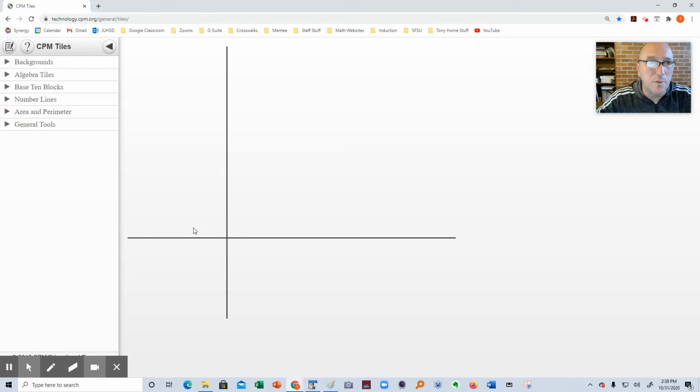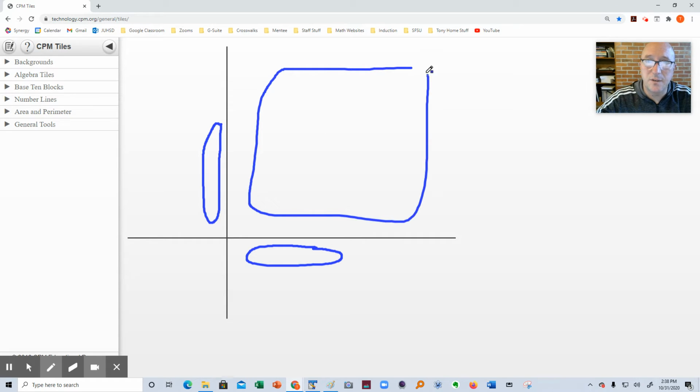Down here in this area will be one factor of the quadratic when we're done factoring, and the other factor will go along this part of the mat. And of course, our entire quadratic will fit inside of this area here.